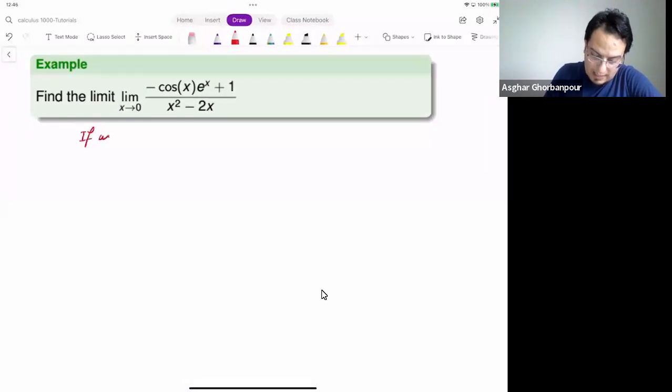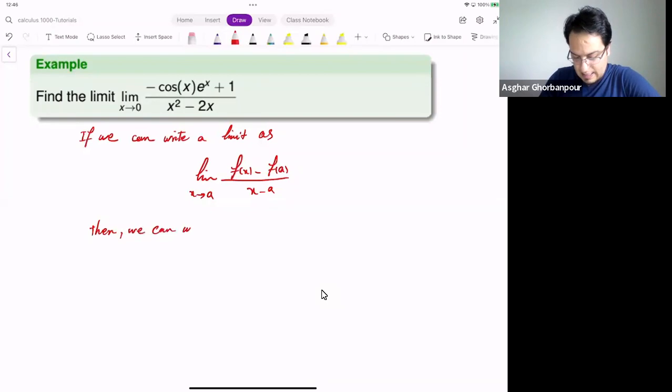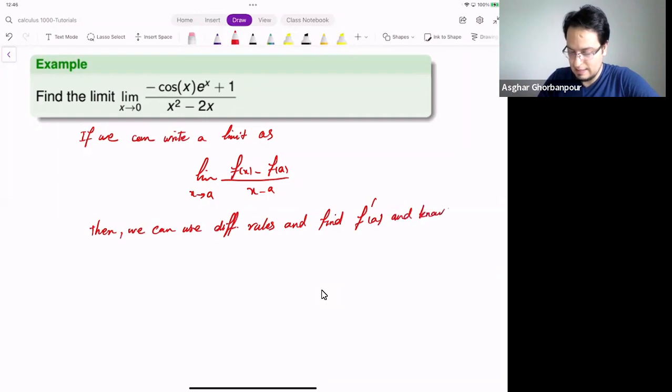If we can write a limit as the limit of a function at x minus a function at a point, over x minus a, as x goes to a, then we can use differentiation rules and find f prime at a, and know that it is the value of the given limit.